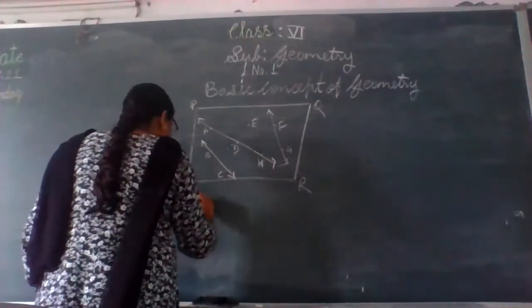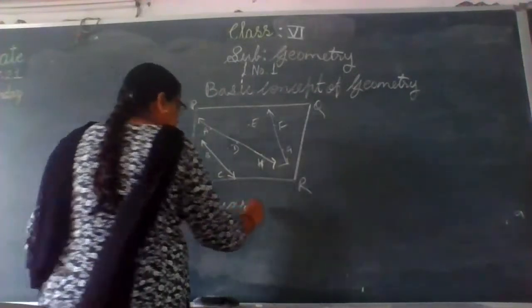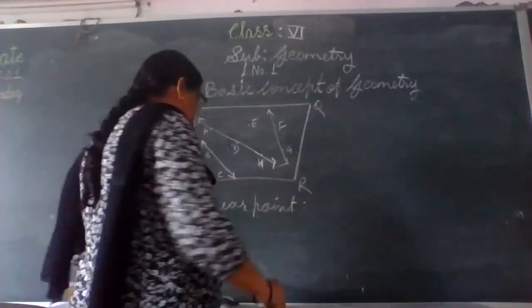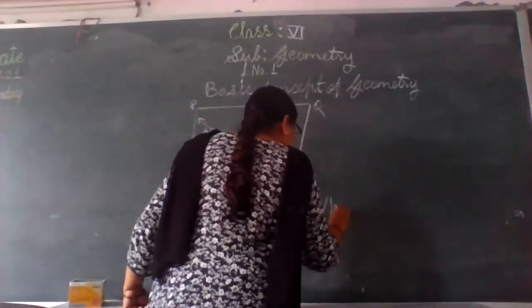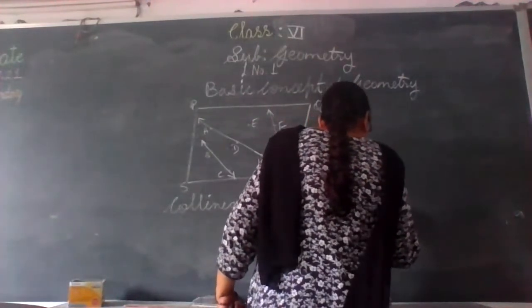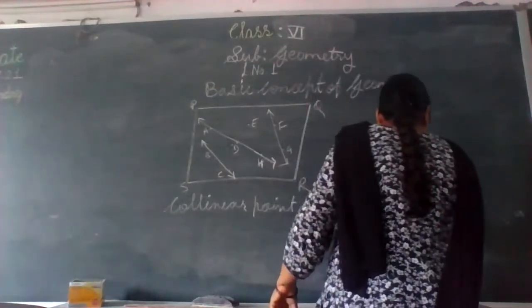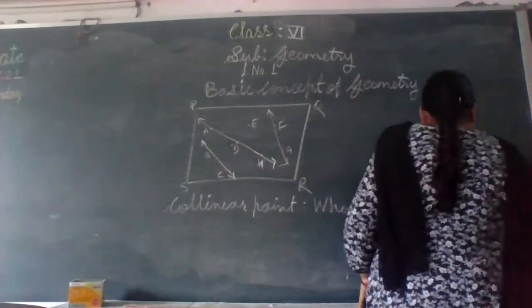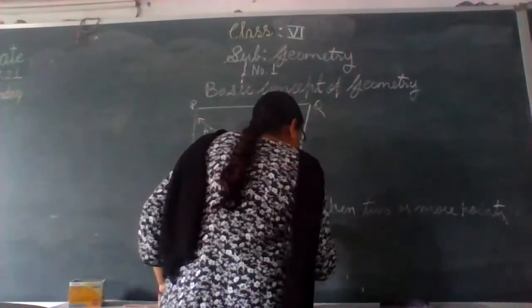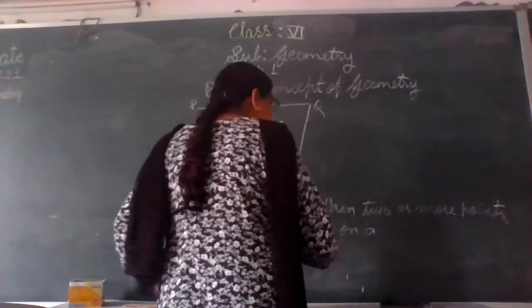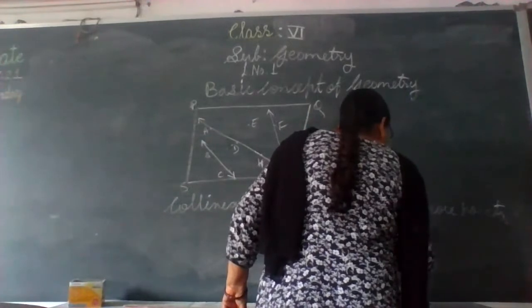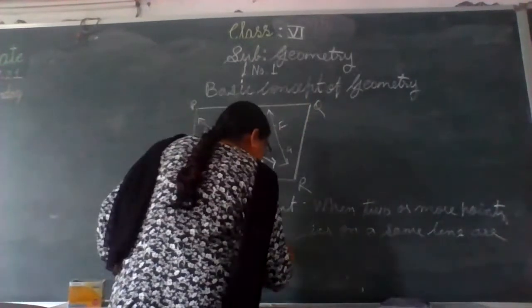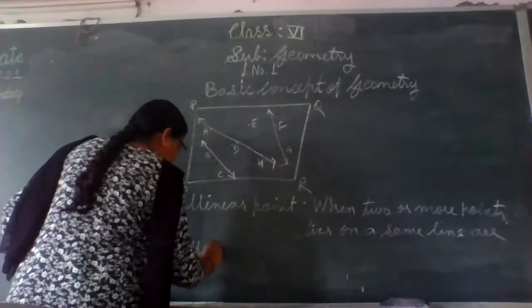So collinear points are 2 or more points that lie on the same line.